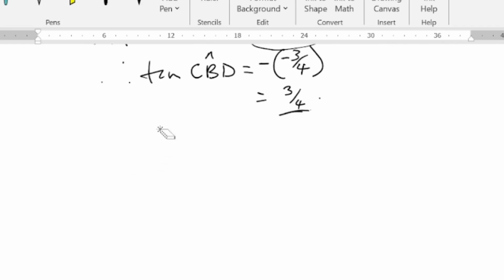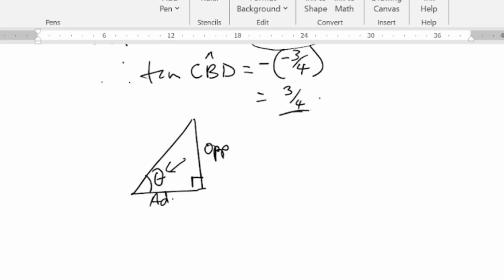When we have a right angle triangle, if we are talking about this angle here, this becomes the opposite side to this angle.